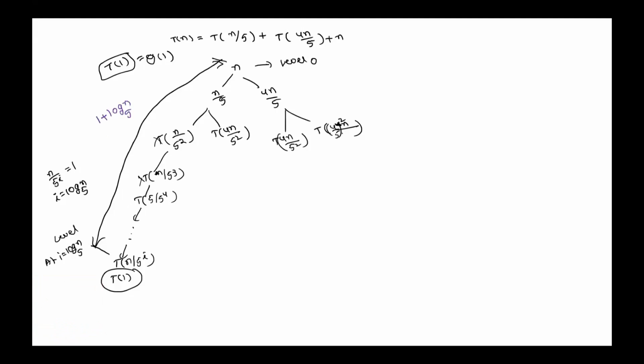Is that okay? Now let us calculate the amount of work at each level. At the first level, how much is the amount of work done? n. What is the amount of work done here? n by 5 plus 4n by 5.